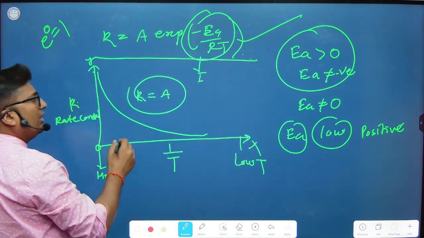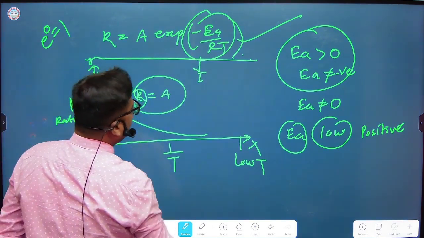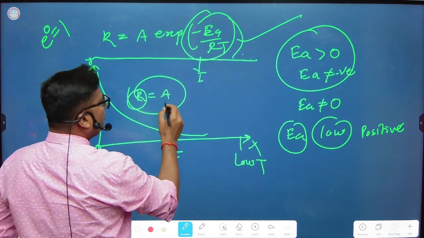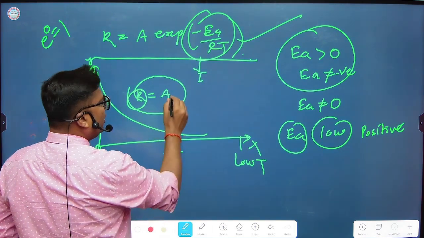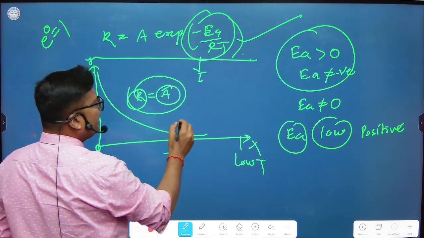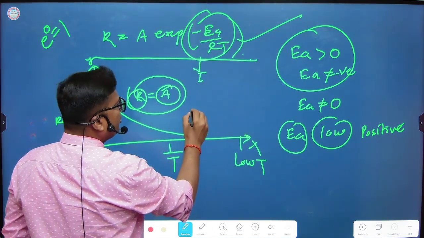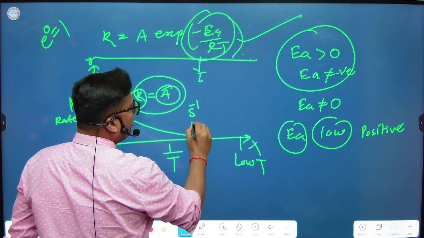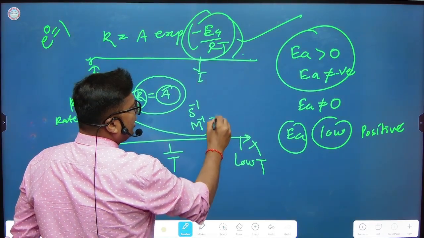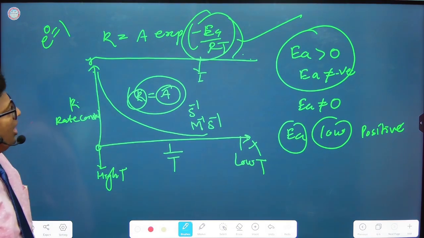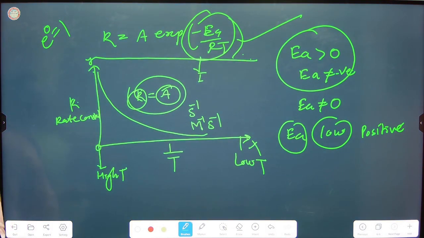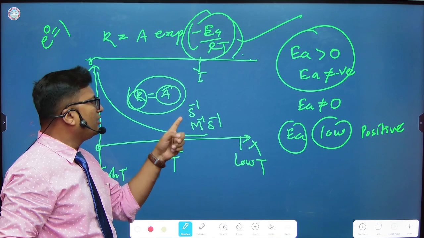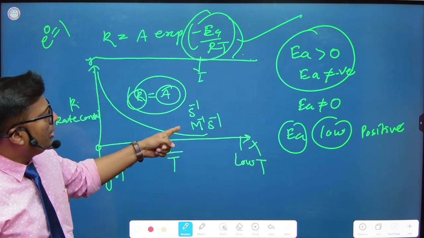So here the rate constant will be equal to the frequency factor, or Arrhenius constant. The unit of this rate constant actually depends on the order of the reaction. For the first order reactions, it has a unit of per second, and for the second order reactions, it has the unit of per mole per second.